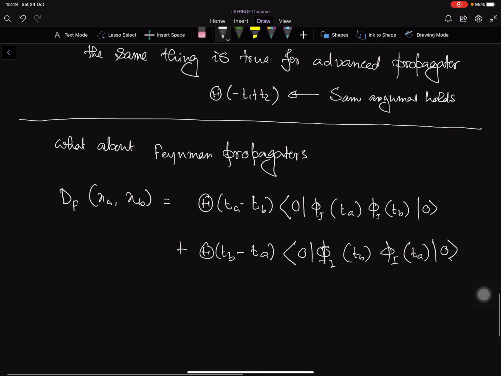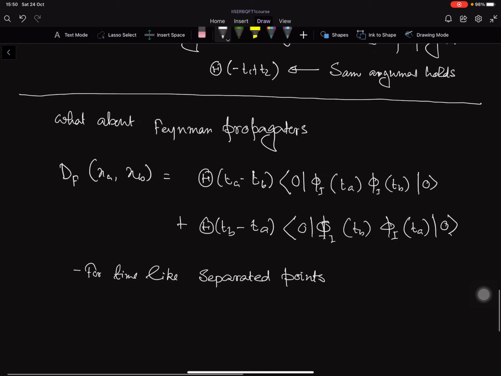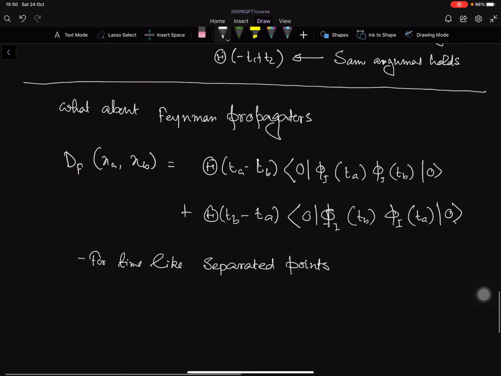Now this is a very interesting propagator, because firstly, for time-like separated points, you can explicitly see that the propagator is Lorentz invariant.